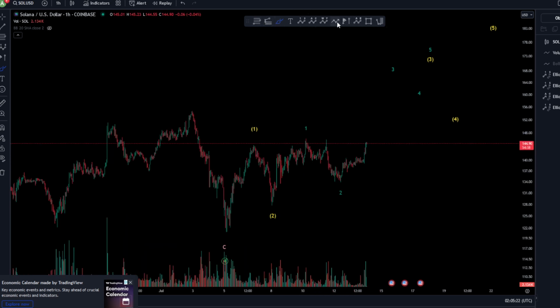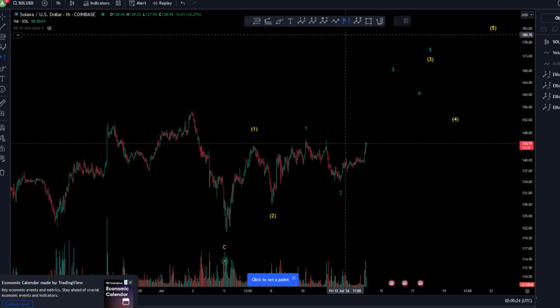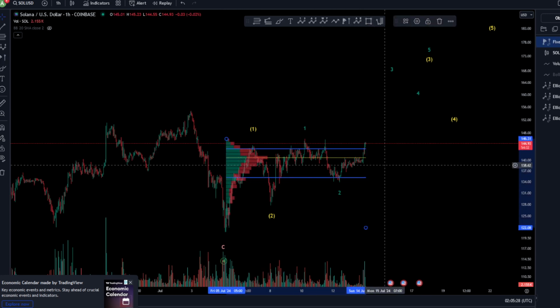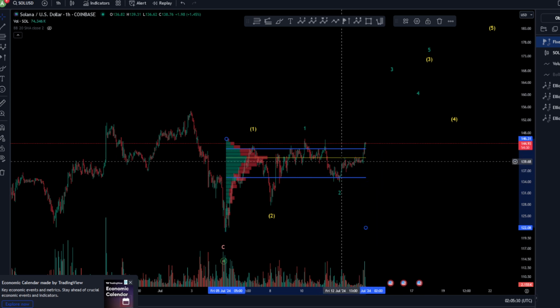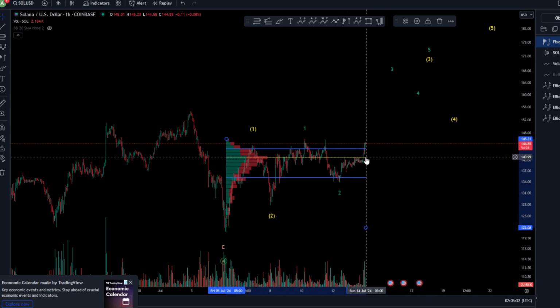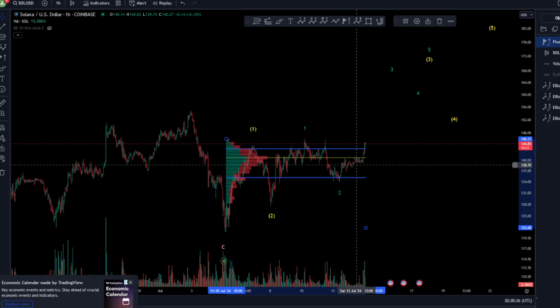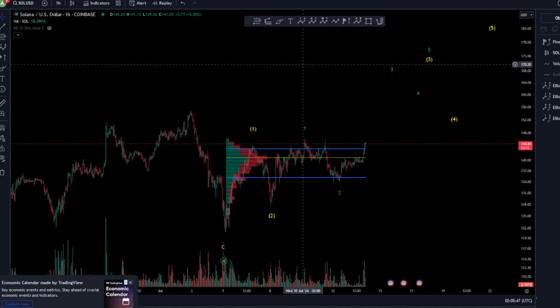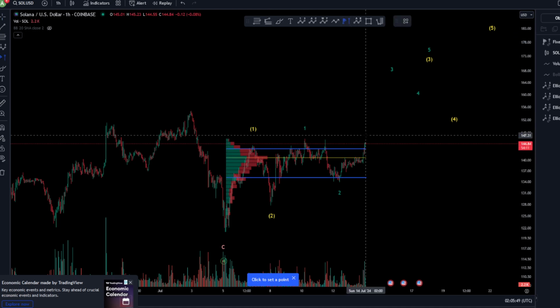So let's see, by the way, let's have some support and resistance first. Oh, it's a very good sign, yeah. So as you can see, the higher volume and the vertical side is on here, and Solana has already broken the point of control today, and the higher value of the volume, which is a pretty good sign.